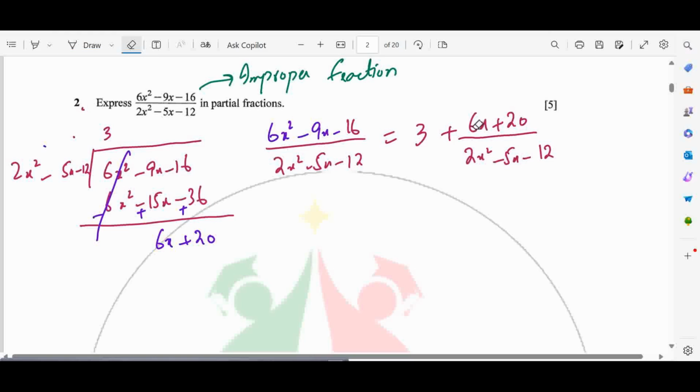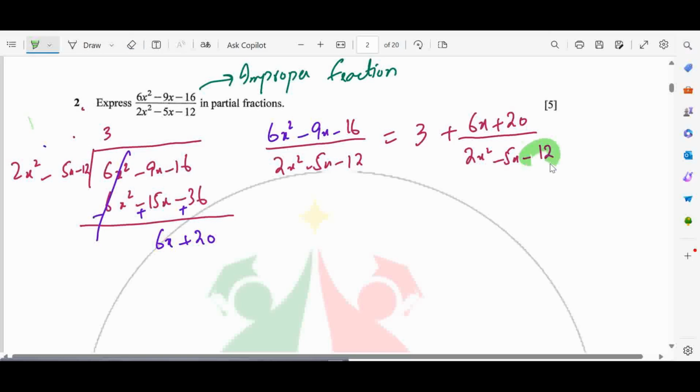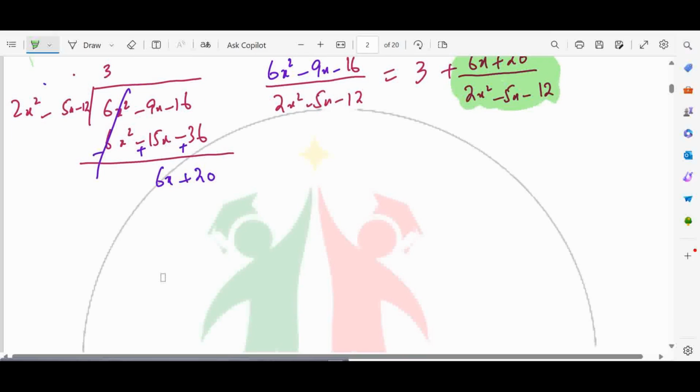Now let me simplify this portion first, and then I will just replace it here.